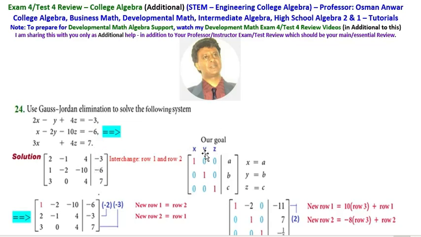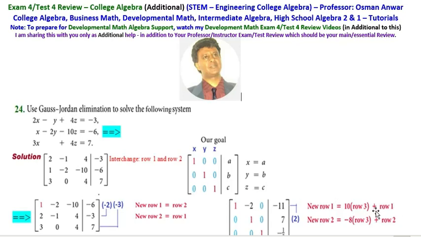And our goal is to do Gauss-Jordan elimination and convert this to reduced echelon form, which is ones in the diagonal, 0 above the diagonal and 0 below the diagonal, and the result is A, B, C, which is x equals A, y equals B, z equals C.